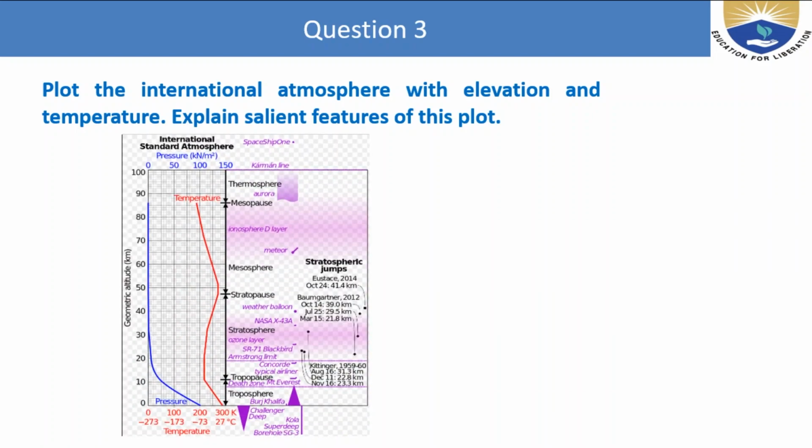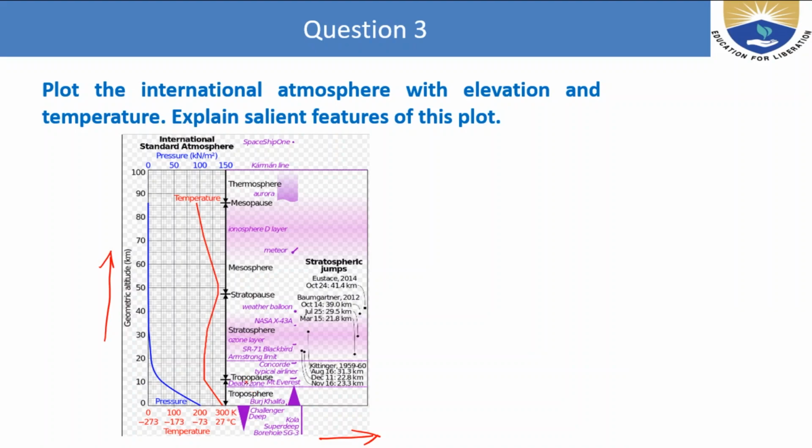This is the plot which I have taken from the net. International atmosphere: here is the pressure in kilonewton per meter square, here is the geometric height, and here we have the temperature in this zone. If you see here, first is the troposphere, the lowest part.